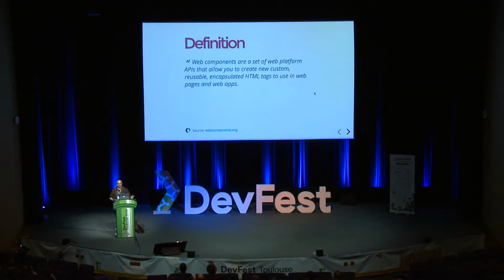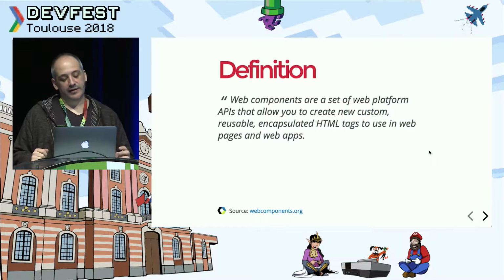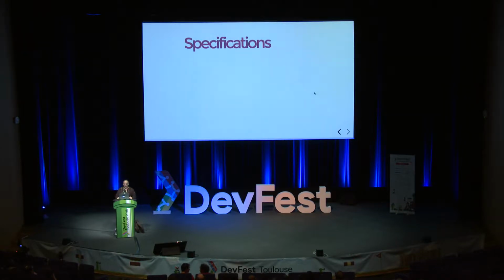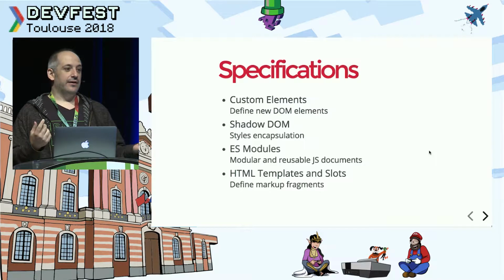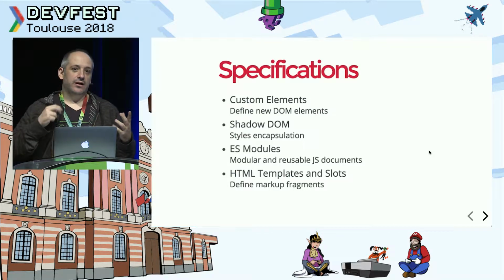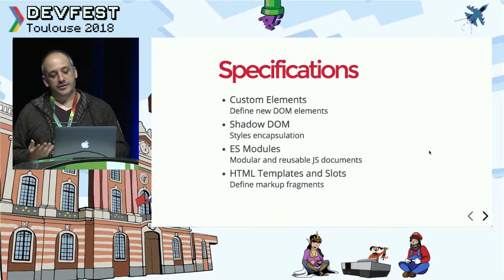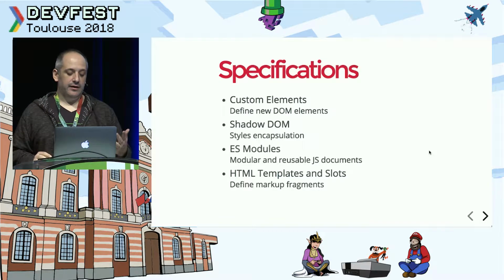The definition, extracted from MDN: web components are a set of web platform APIs that allow you to create new custom, reusable, encapsulated HTML tags to use in web pages and web apps. Blah, blah, blah. So the truth is that it is not only one API to create web components. There are actually several APIs.